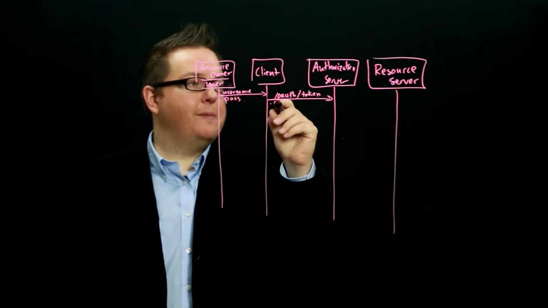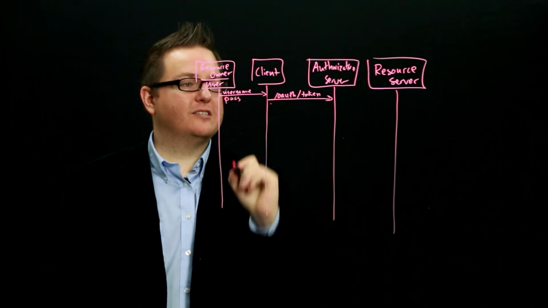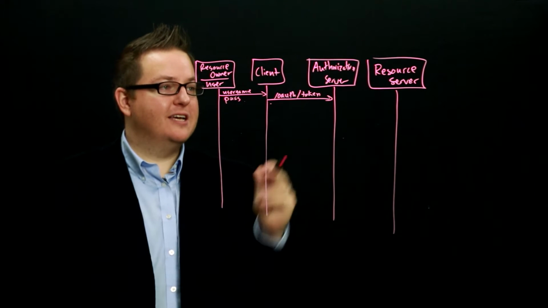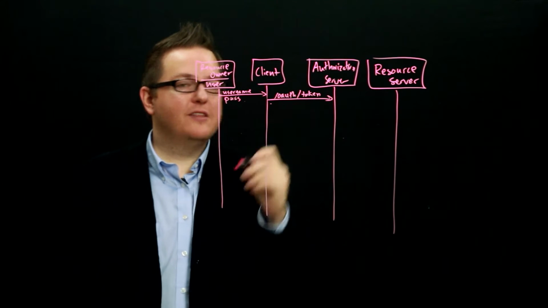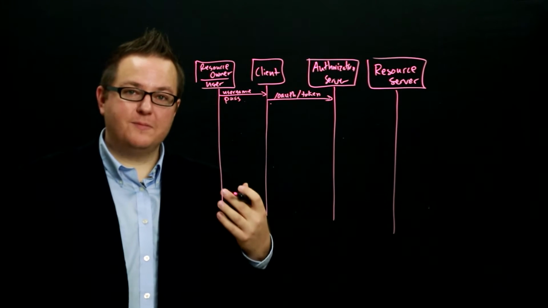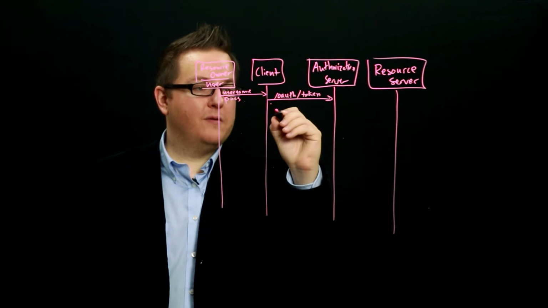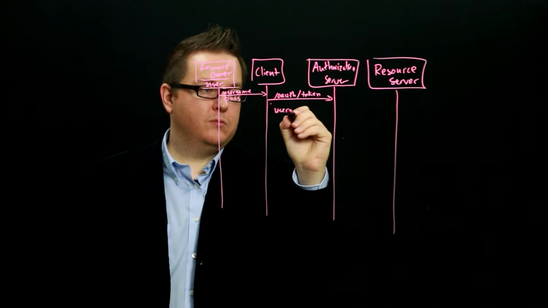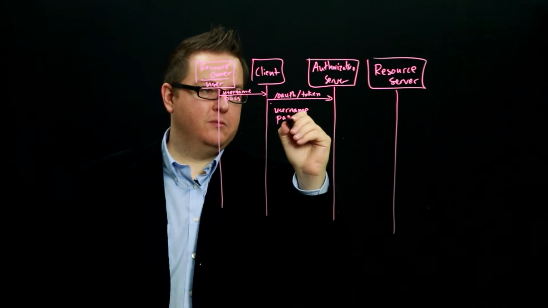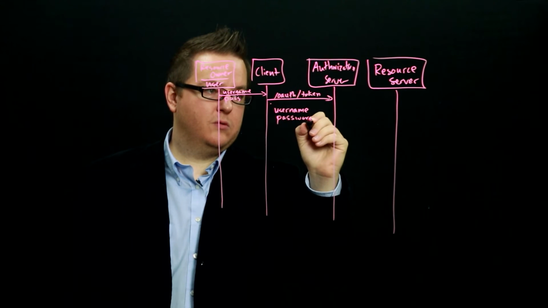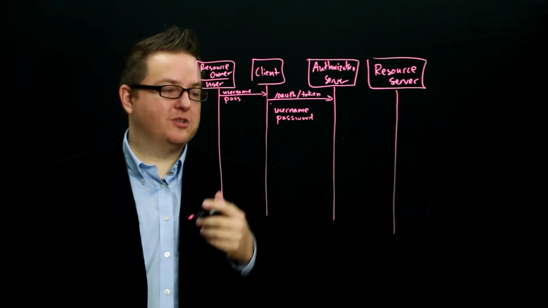It's going to send a POST request to the authorization server, and in Spring, this POST request is going to go to /OAuth/token. Inside of this POST request, there is going to be a request body that is the URL-encoded key-value pairs for the username and the password. These are the values that were provided by the user or resource owner.